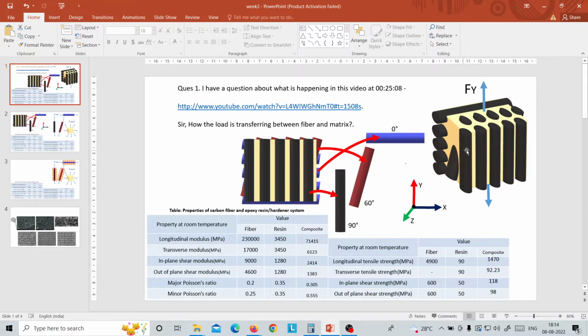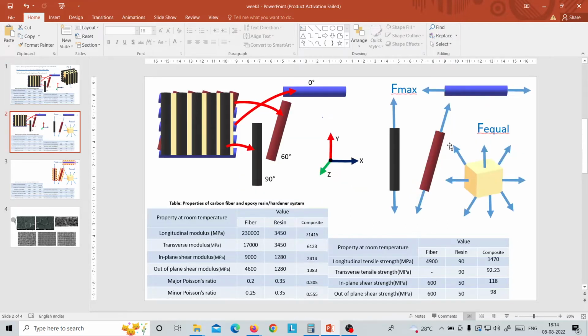If the force is applied along this direction, that is x or z, then whichever of the cos theta and sin theta components matches that direction will start providing support to the composite. That's why the isotropic nature of the matrix and the anisotropic nature of the fibers perfectly complement each other and provide the highest strength required in a composite.